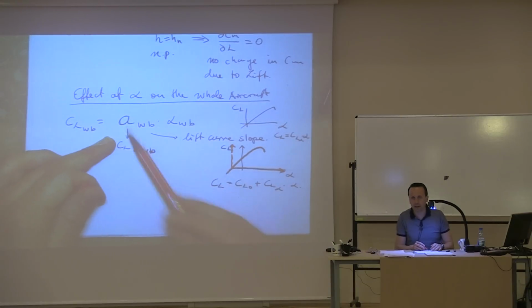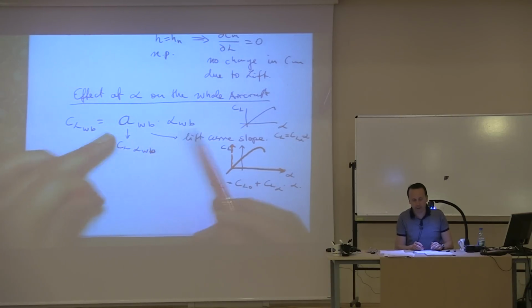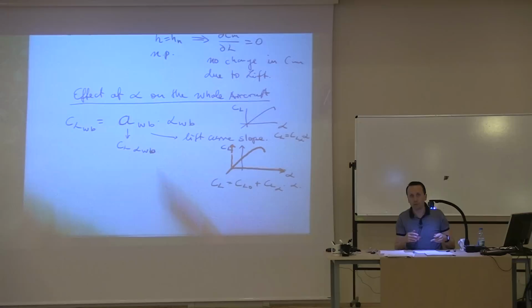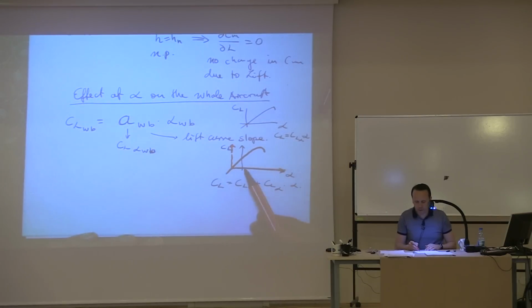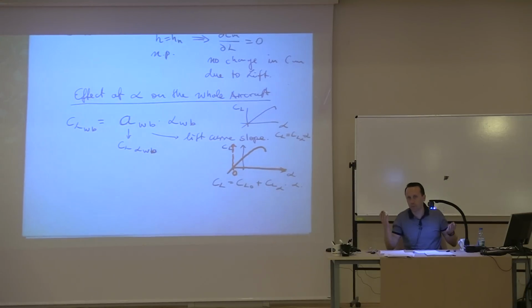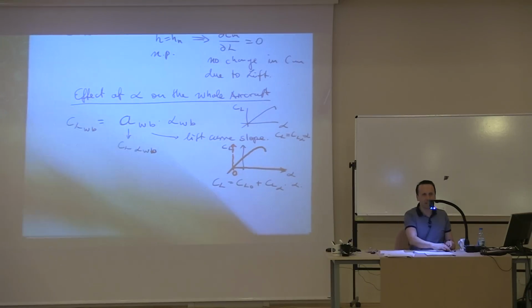When I write something like this, I'm just thinking that the reference point has moved from here to here, so that this actually goes from 0 to 0. But I know that a 0 alpha here really doesn't mean 0. It really means -2 or something. Okay? You don't believe me? So this is basically not alpha anymore.